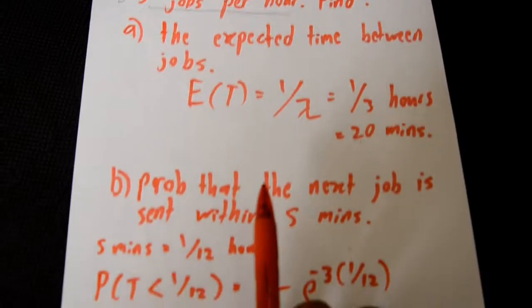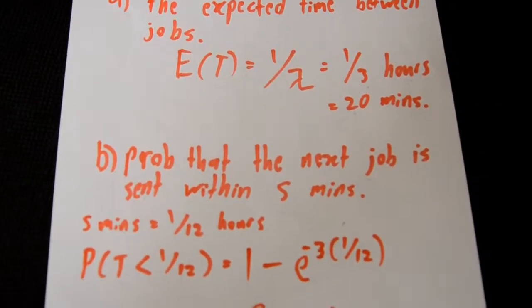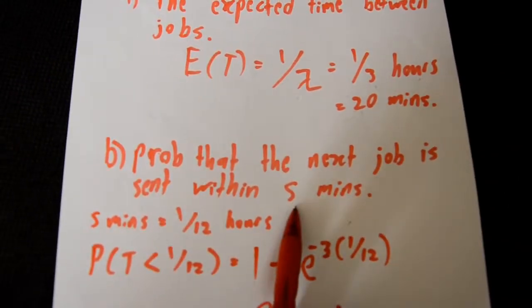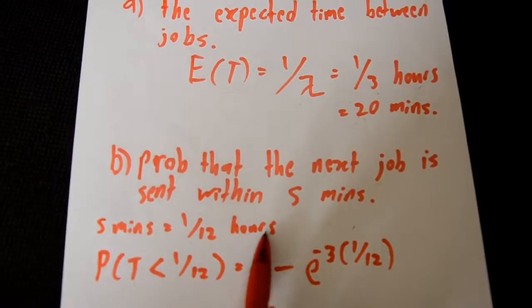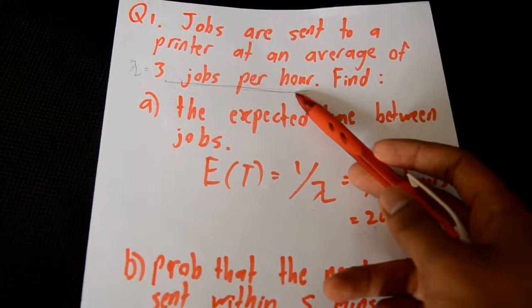Next question, find the probability that the next job is sent within 5 minutes. First, 5 minutes we convert to 1 over 12 hours because we want the same unit as the question.